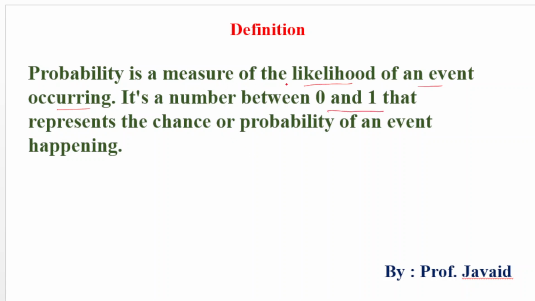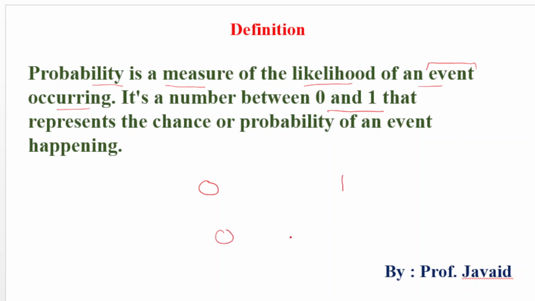Basically, it's the discussion of an event. An event means anything that is happening, and how likely it is to happen, the percentage. The definition is, I know, always boring, but when you see the formula, you will come to know. So always remember that probability is always between 0 and 1.